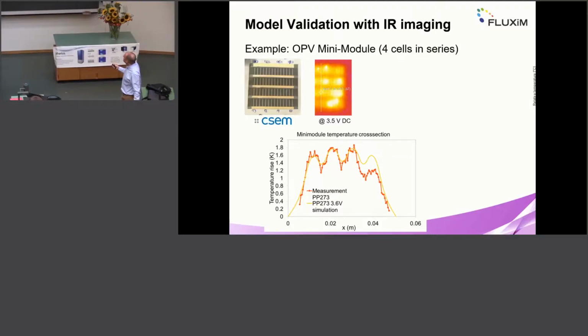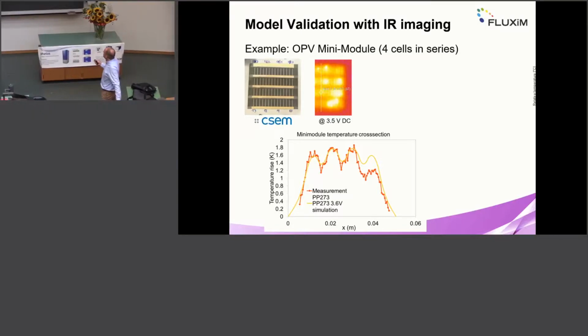And in the lab we measured the temperature rise in the module in a steady state IR measurement, so no lock-in technique, simple steady state heating measurement, where the measured temperature profile is shown in red.